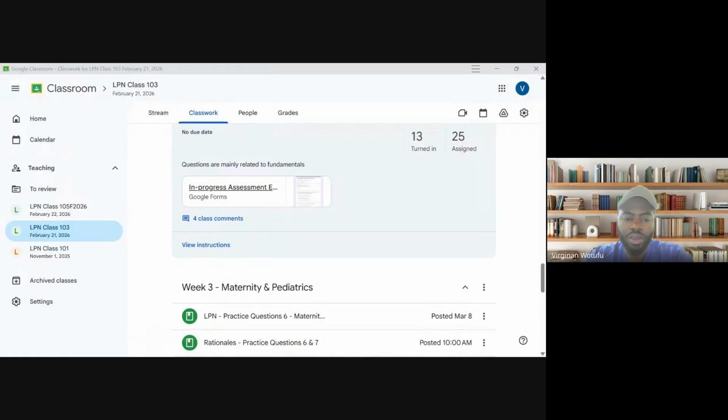Look at question 5. Yeah, question 5 states a client asks the nurse to explain a surgical procedure.